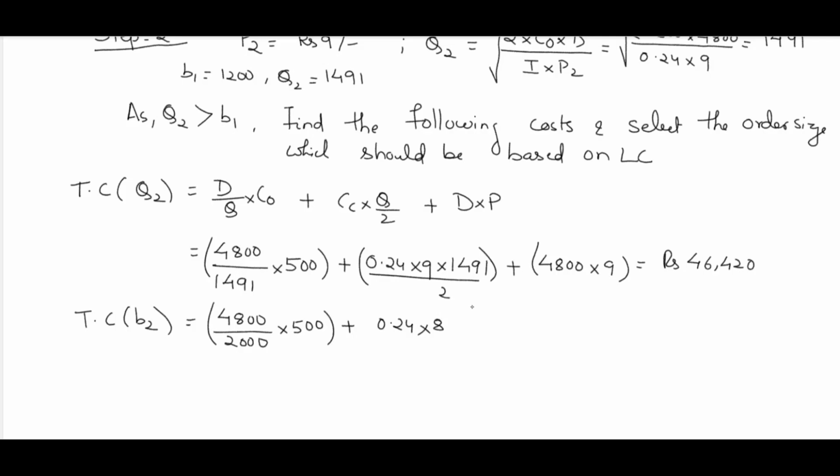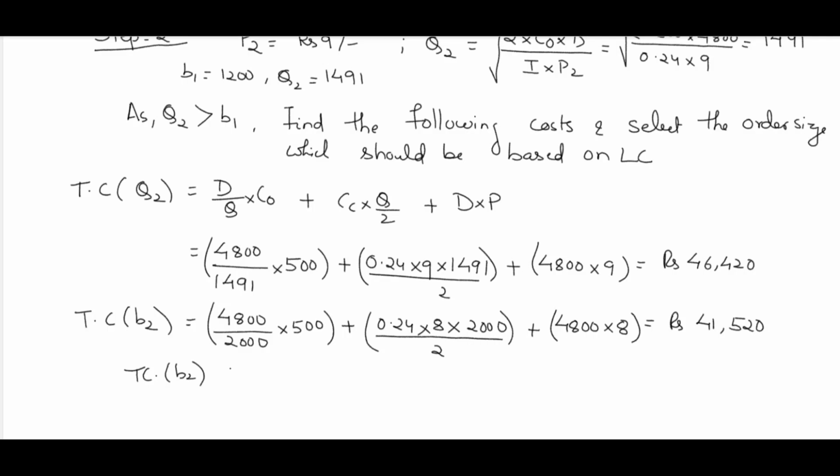So 8 into 2000 divided by 2, plus 4800 into 8. Then you will get approximately rupees 41520.